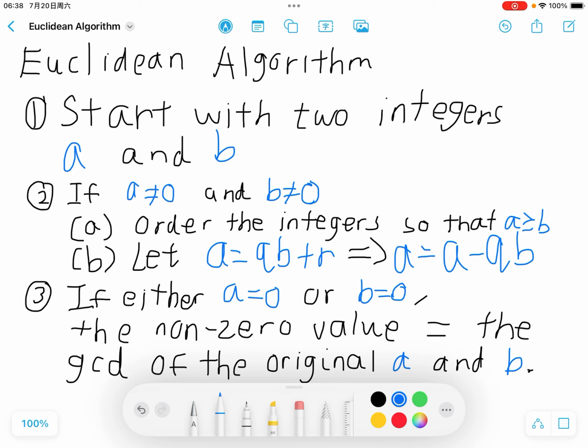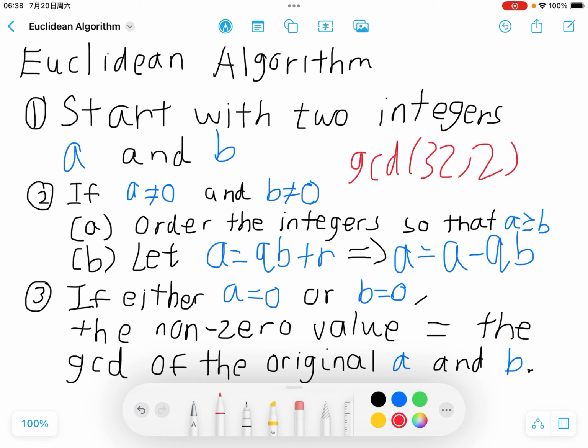So this simplifies the process a lot, because let's say I had GCD 32 and 2.